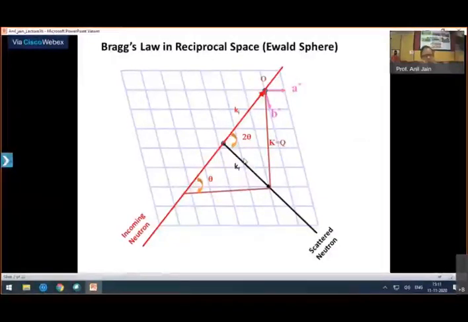By rotating your crystal, which is omega, and moving your detector, which is 2 theta, you can try to access the reflections which lie in this plane. But suppose you want to determine the crystal structure completely, then you have to access all the reciprocal lattice points of this sample.